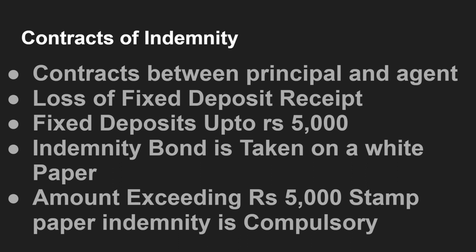So they will take it on a plain white sheet if it's up to only 5,000. But if it's above 5,000, they will take it on a stamp paper. For amounts exceeding 5,000, stamp paper indemnity is compulsory for the banks. If somebody later traces that bank fixed deposit and comes to the bank, the bank can avoid all the problems related to that. That is why they take the indemnity in the case of lost fixed deposit receipts.